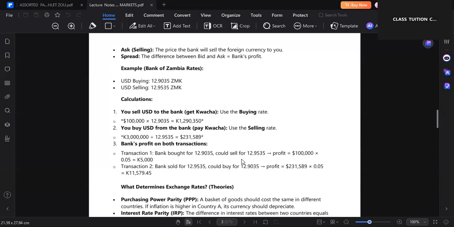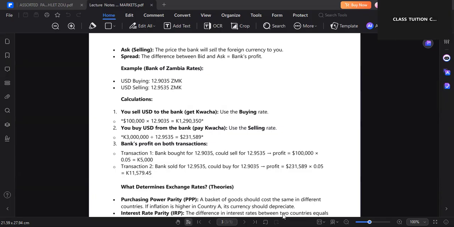Are we following? The profit that the bank is going to make is the 10,000 times the 0.05, so they're going to make 5,000 kwacha. In transaction two, the bank sold for 95.35 and bought for 90.35, so the profit per dollar is 0.05 kwacha.